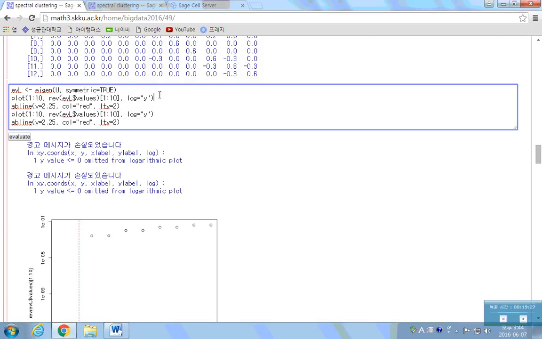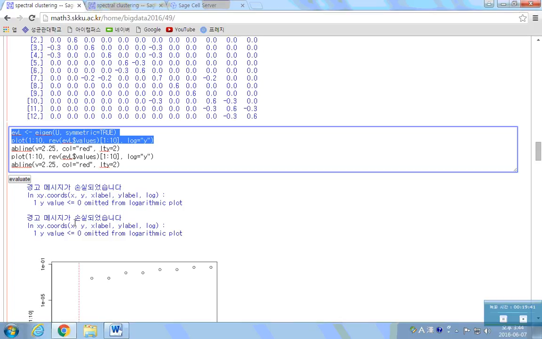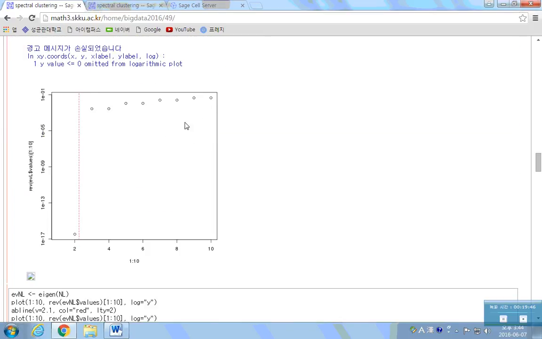Here we get the eigenvalues of the Laplacian matrix. This is a list of the eigenvalues of the Laplacian matrix. One eigenvalue lies here and the others lie in this part. That's why we gave k equal to 2, because 1 plus 1, since one eigenvalue is 0.